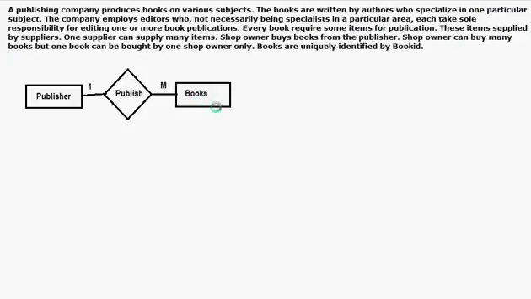Now these books are written on various subjects, so one book can be written on a particular subject only.